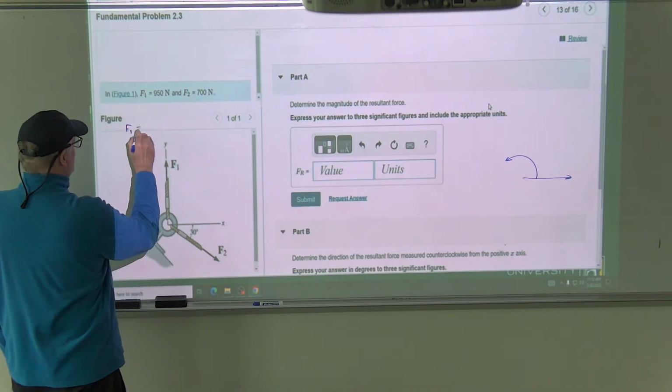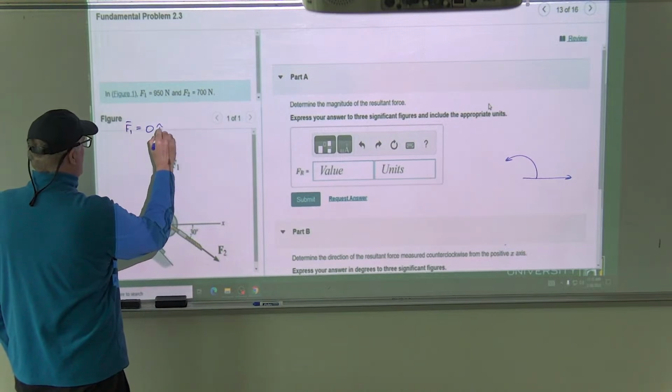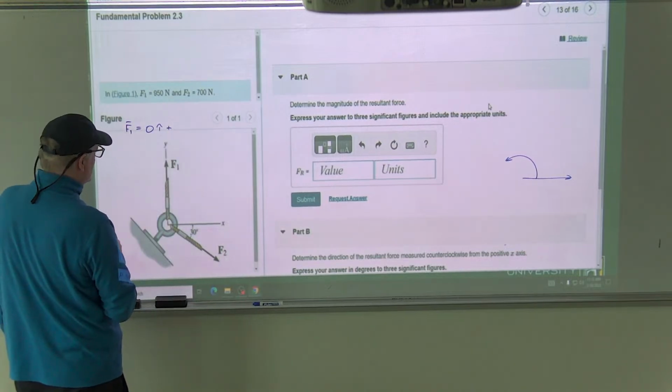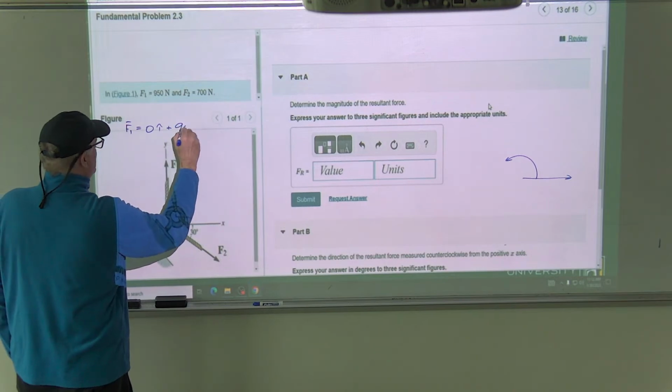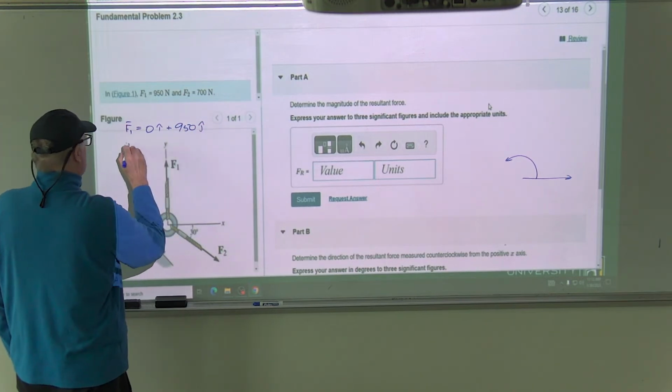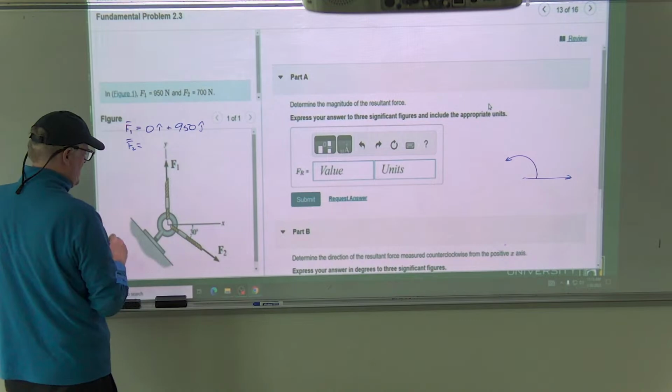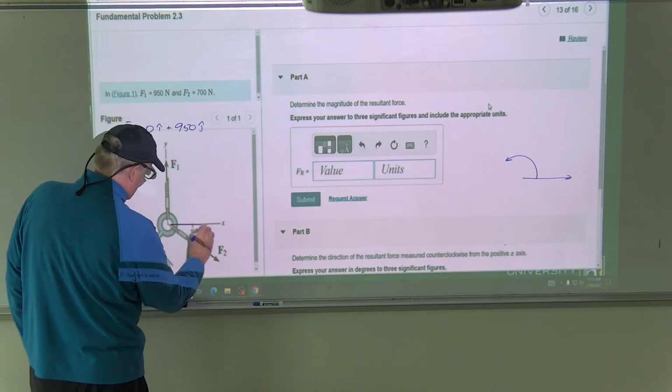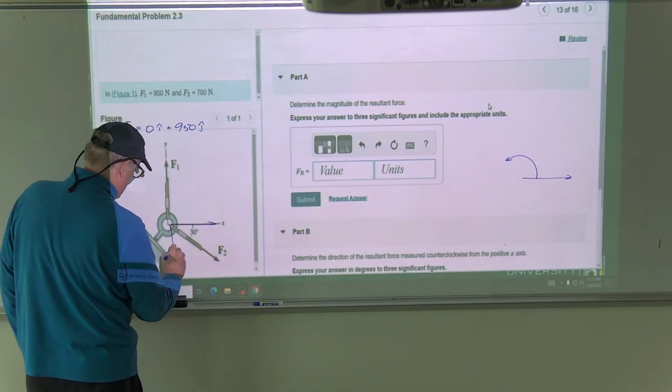F1 is just equal to 0i plus 950j. F2 is equal to, this is 30 degrees, so you've got to grab part of that and part of that.